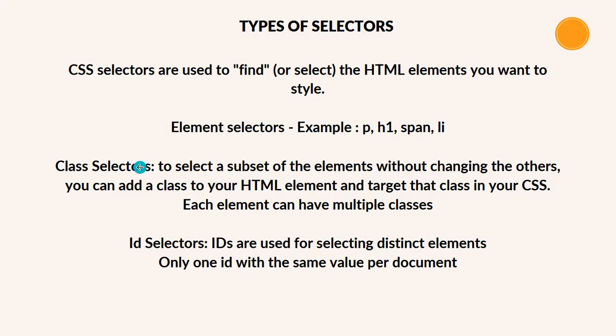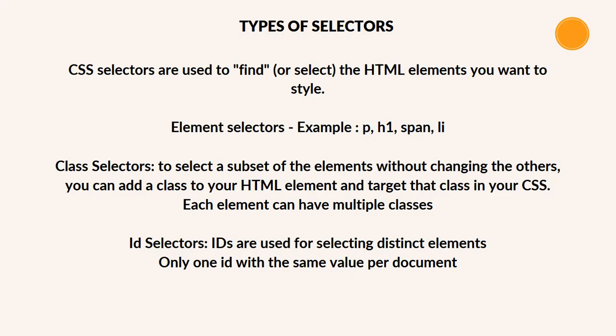Another way is to use class selectors. The last time we spoke about attributes, and we said we can add classes to our HTML. So classes are ways of giving them additional information, and we can in turn use those classes to style our elements. For example, if I have 5 paragraphs and I wanted to style one of them differently, if I'm using the element selector, it will give all my paragraphs the same styling.